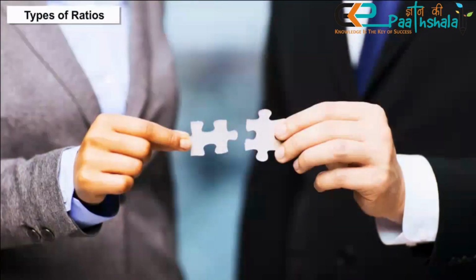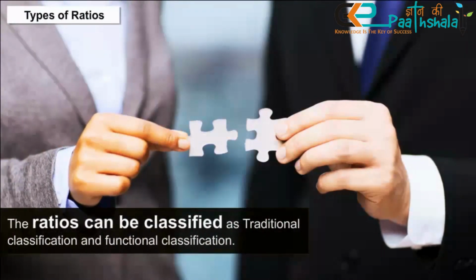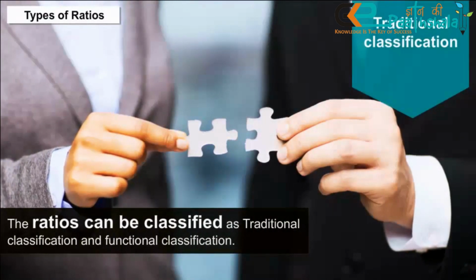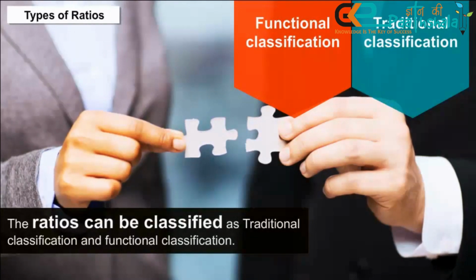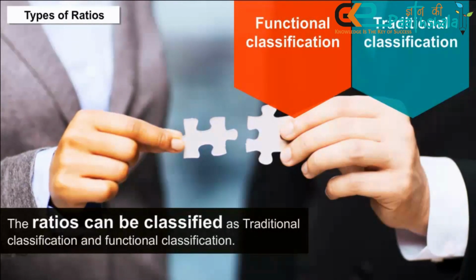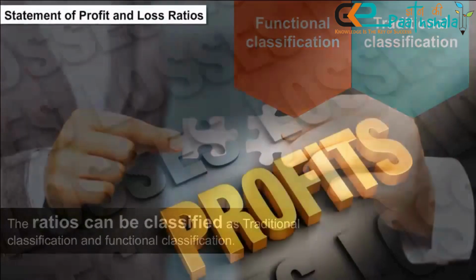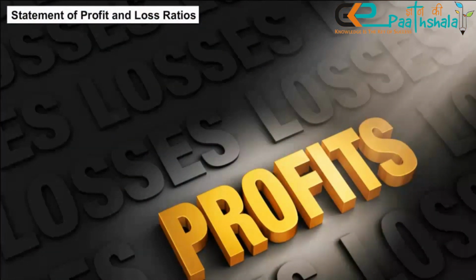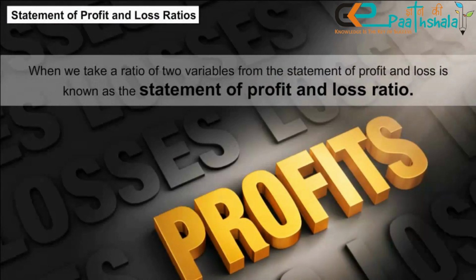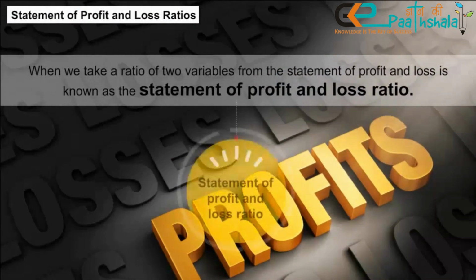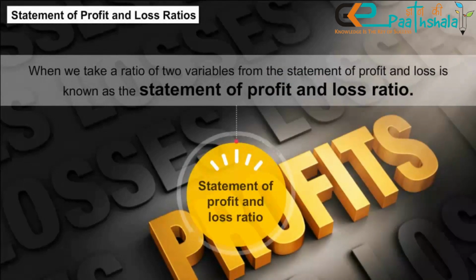Types of ratios. The ratios can be classified as traditional classification and functional classification. On the basis of traditional classification, the ratios can be classified as statement of profit and loss ratios. When we take a ratio of two variables from the statement of profit and loss, it is known as the statement of profit and loss ratio.